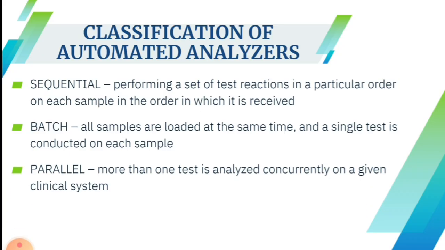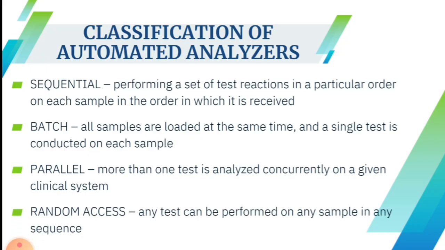The next one is parallel analysis, where more than one test is analyzed concurrently on a given clinical system. And lastly is random access analysis, which means that the test reactions can be programmed to occur in a different order than the samples are placed on the instrument, and specific tests can be programmed for each sample. This is helpful when many samples are placed on an analyzer and are processing, but an urgent test request must be added later.